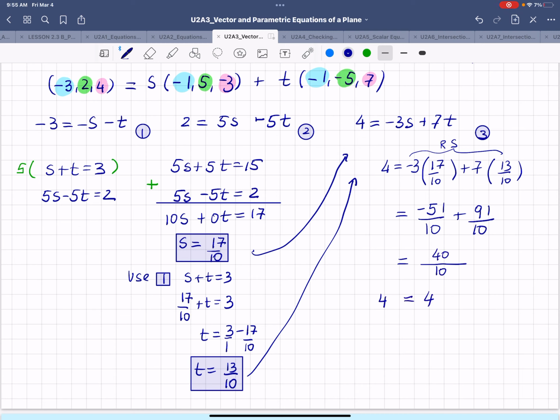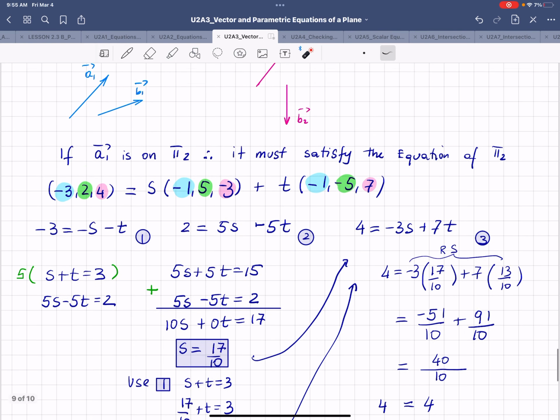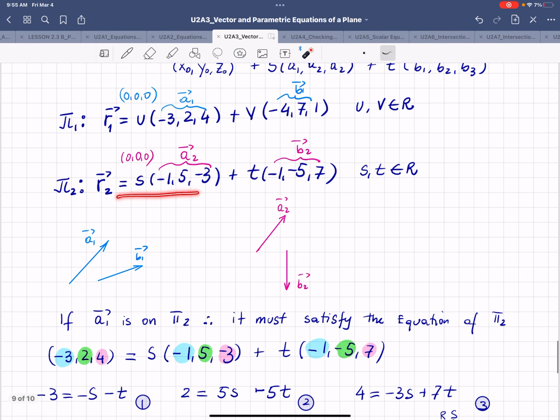So it seems that these two values for S and T respectively satisfy the third equation. And that tells us that the point negative 3, 2, 4, or the direction vector a1, fits into the second equation, which means that a1 lies on plane pi 2.